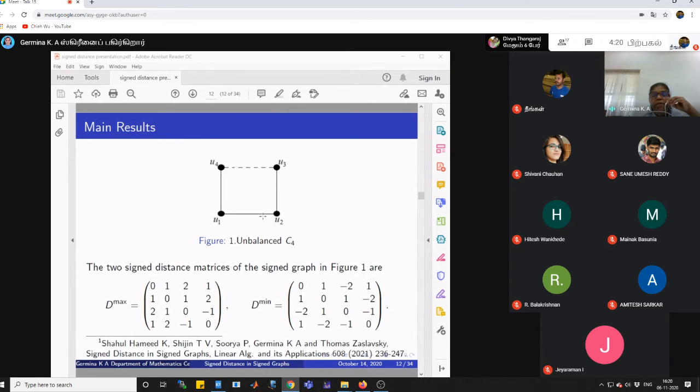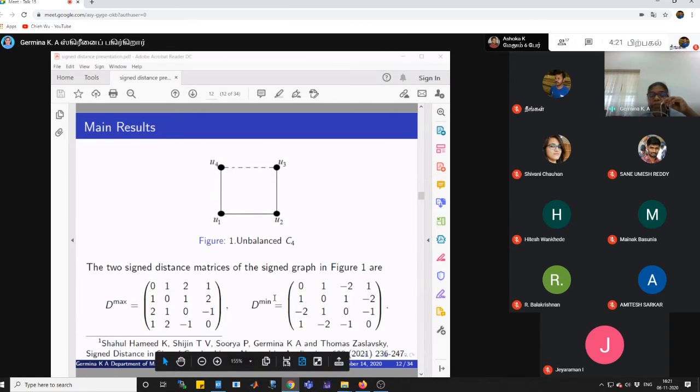One way I go from u1 to u3 via u2 is positive, and the other way is negative. But since I am considering small d max, I take it as 2, with the positive sign. At least one is positive means I take the positive sign. Similarly, u1, u4 is definitely positive. So you can compute all the others like that.